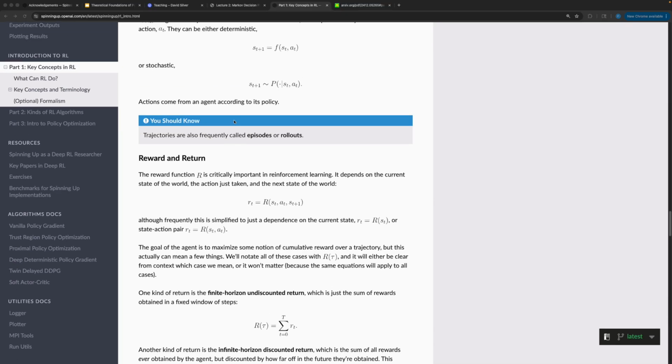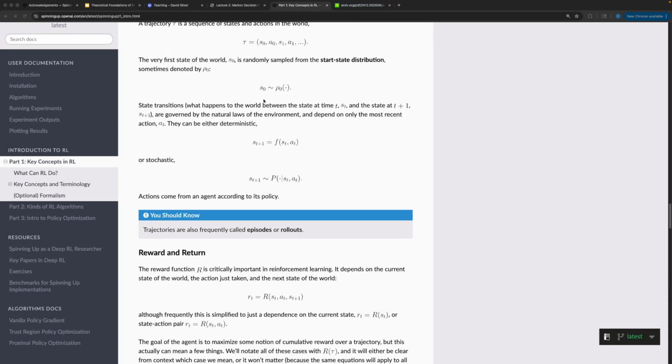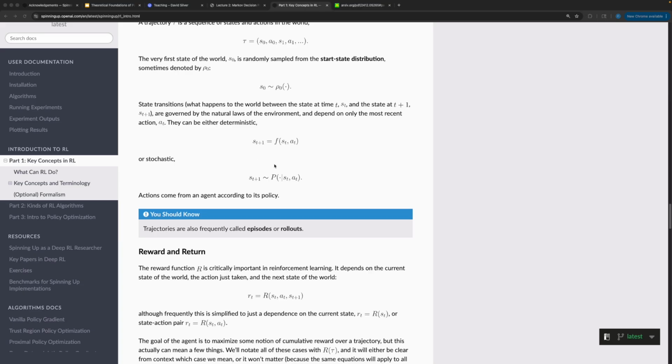Basically the rollout is: you sample an initial state from the state distribution, and when you are at any state, you sample an action from your policy. Then the transition dynamics of your environment gives you the next state.